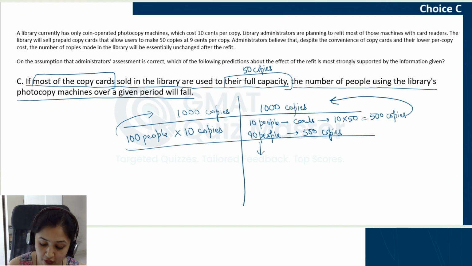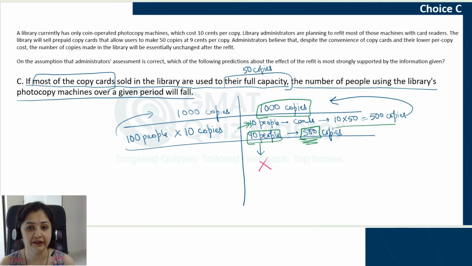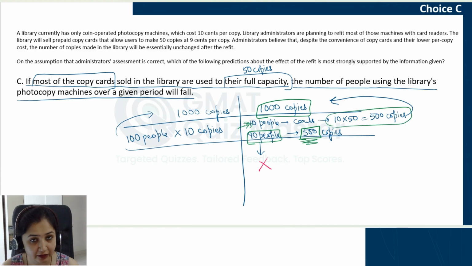The answer is no. These 90 people can very easily, very logically in every scenario take 500 copies. So the total number of copies will not change even if some of these people are using the cards to their full capacity. So if you understand, choice B and choice C have the same trap.